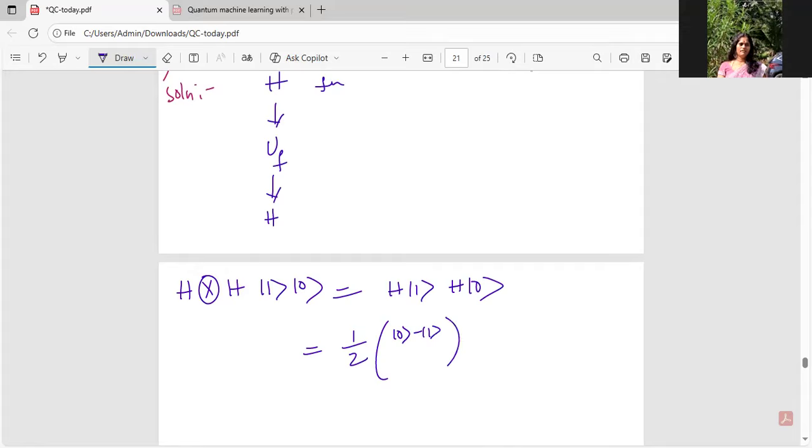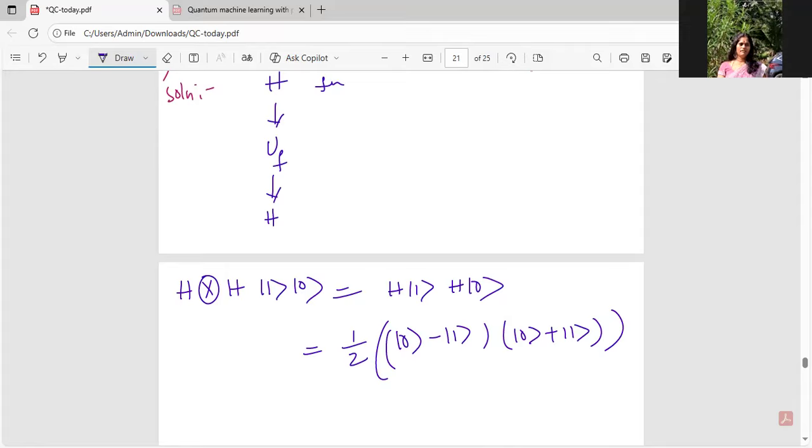Ket 0 minus ket 1 is what I will get. That is 1. Another one is ket 0 plus ket 1, guys. Multiply both of them.